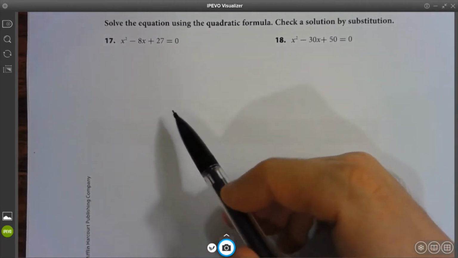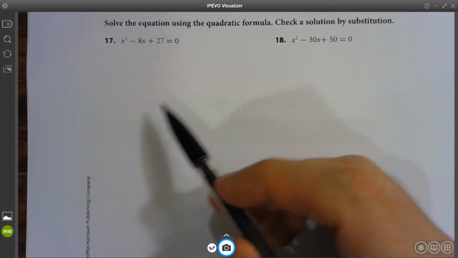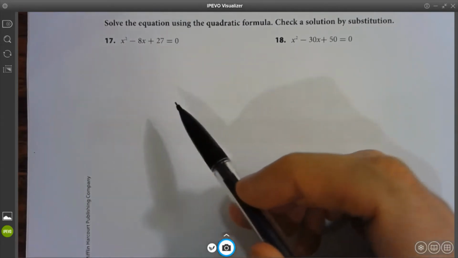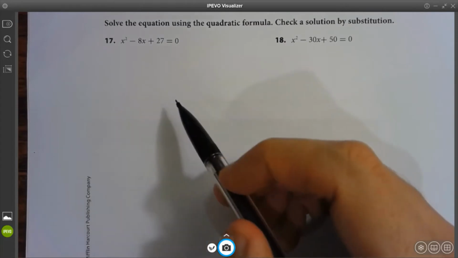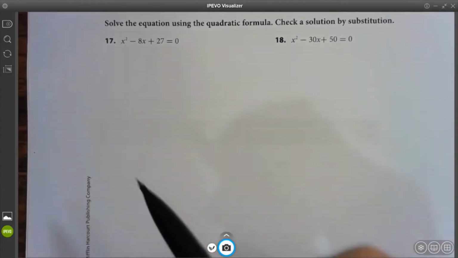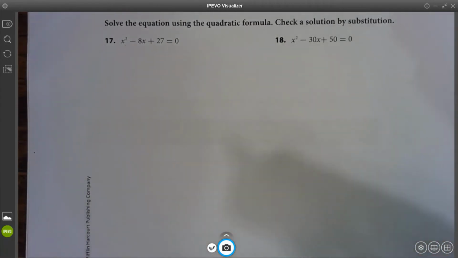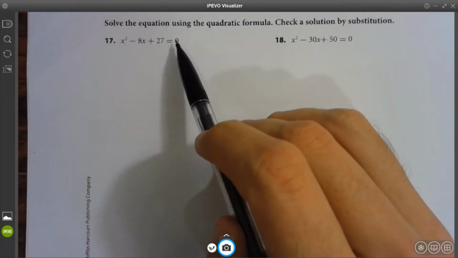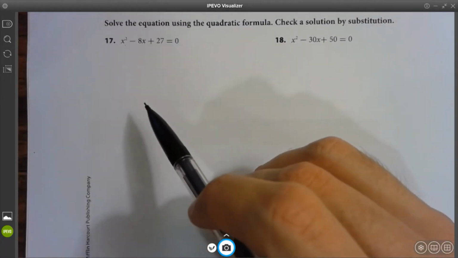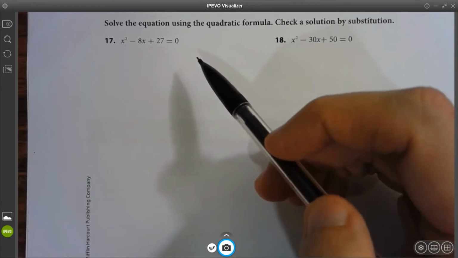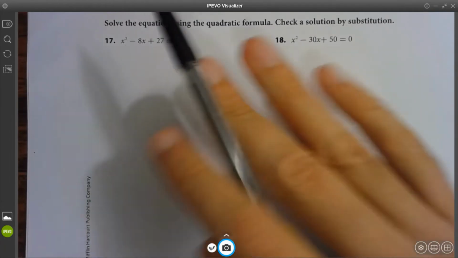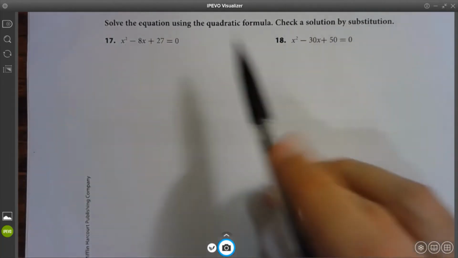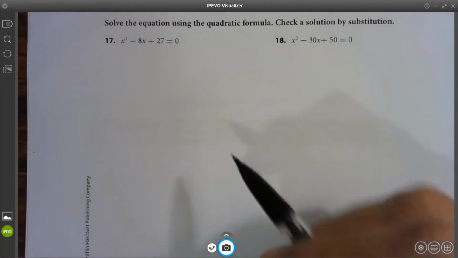But then most of these problems, in fact, I believe all of these problems have 2 solutions. We're going to have to take one of those solutions, plug it back into the original equation, and see, do we actually get 0? Does it work for the original equation? Okay, that's going to be an awful lot, but I'm not going to ask you to do anything that I won't do myself, so let's get started on it.